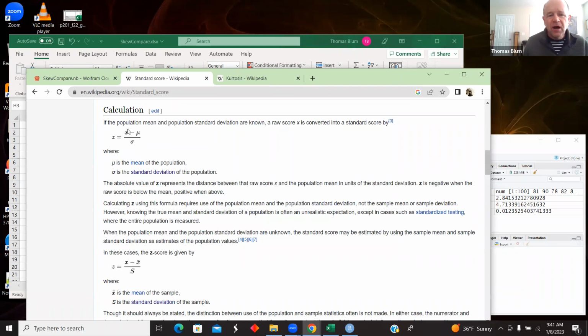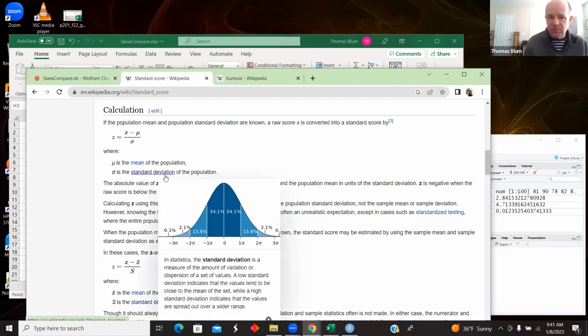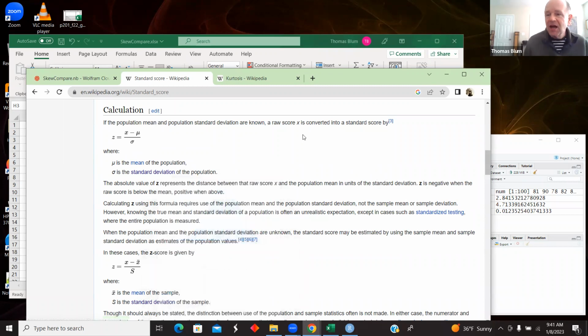And then we're often comparing distributions to the normal distribution. A normal distribution has a horizontal position on the x-axis, and we are getting rid of that by subtracting the mean, and it has a width, and we are getting rid of that by dividing by the standard deviation.